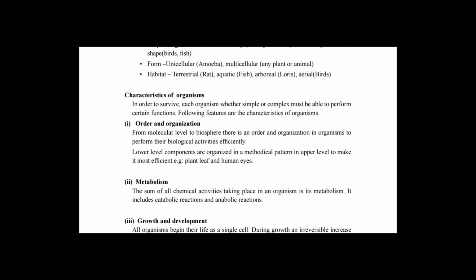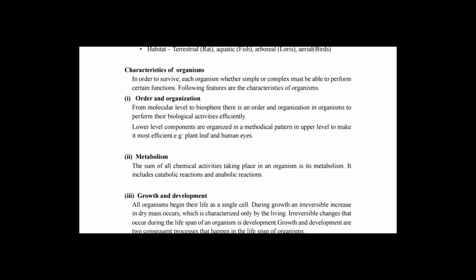After seeing that bottle, do we say that bottle has life? No, right? So when we see an object, we can understand whether it is a living or non-living organism by its characteristics. Okay, so those kinds of characteristics we are going to see here.